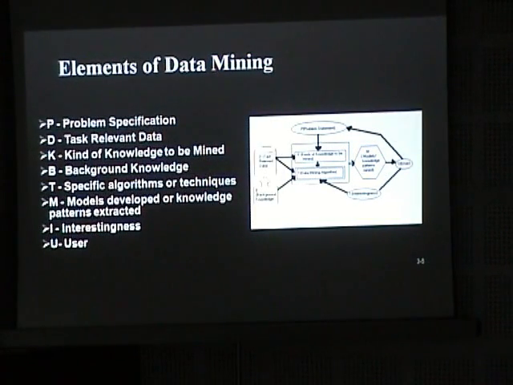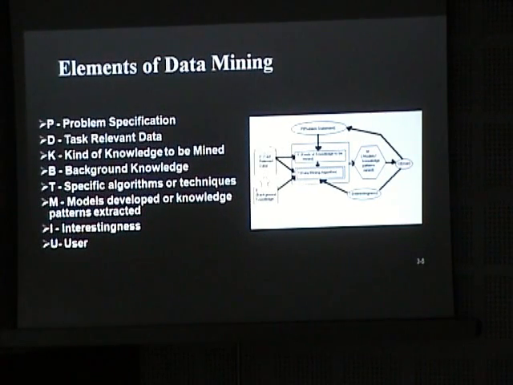First one is problem specification. Without discussing the problem, usage of MIS, that stands for Management Information System, Decision Support System, is useless. So we have to specify what are the problematic areas. Second, task. What kind of task we are going to perform with that data, what kind of functionalities that data will perform.